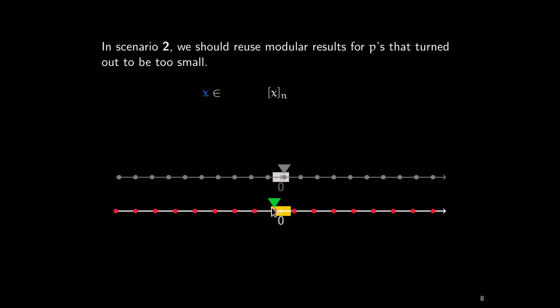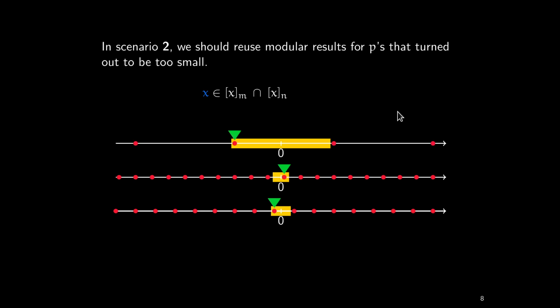So here we get a different green triangle from before, and also they are differently spaced, because n is different from m. But I know that the x that I'm looking for is in both. So it's here and here. And I can use this because I have this information and I have this information. And if I could somehow intersect these equivalence classes, then I would know the blue triangle must be here.